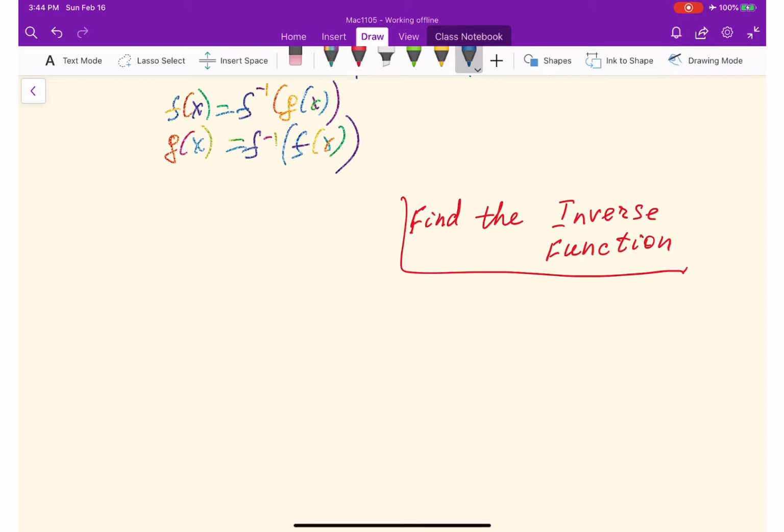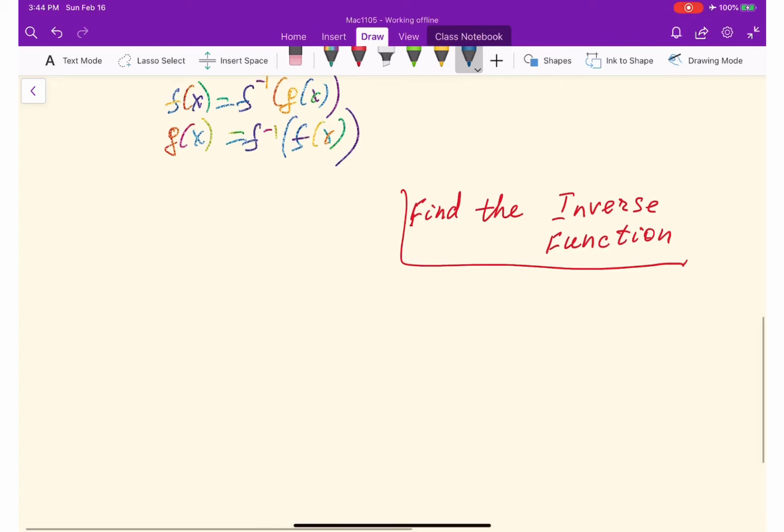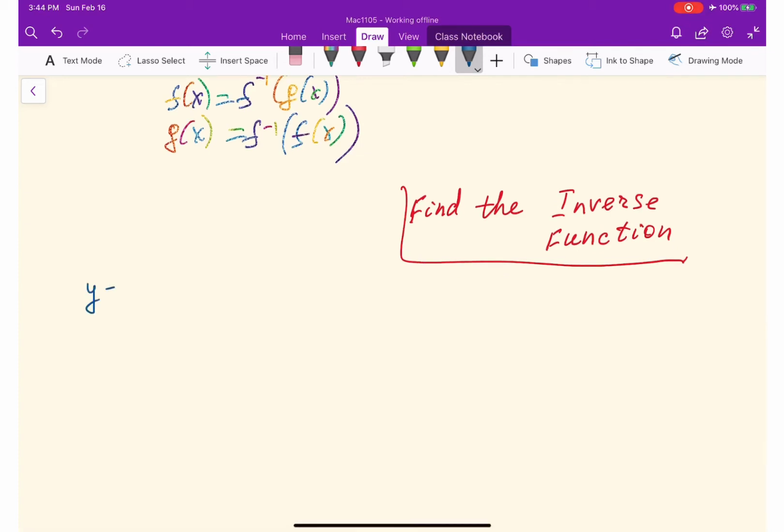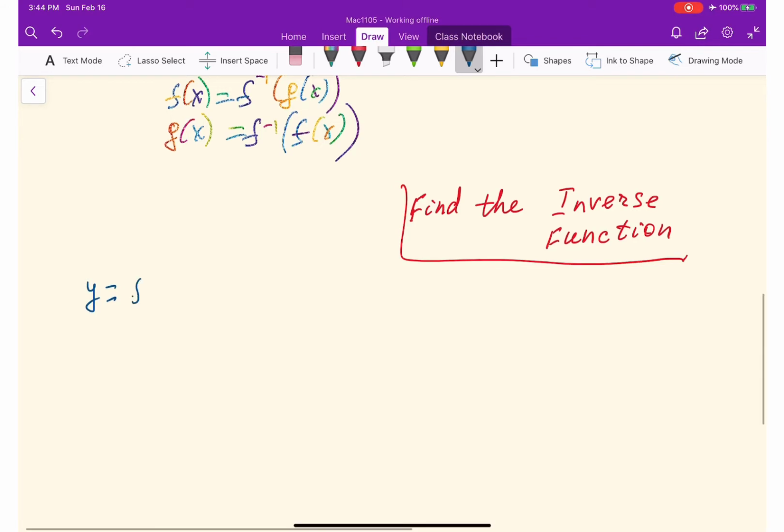We are given y equal to f of x, which is 2x plus 7. To find the inverse function, we need to switch x with y.